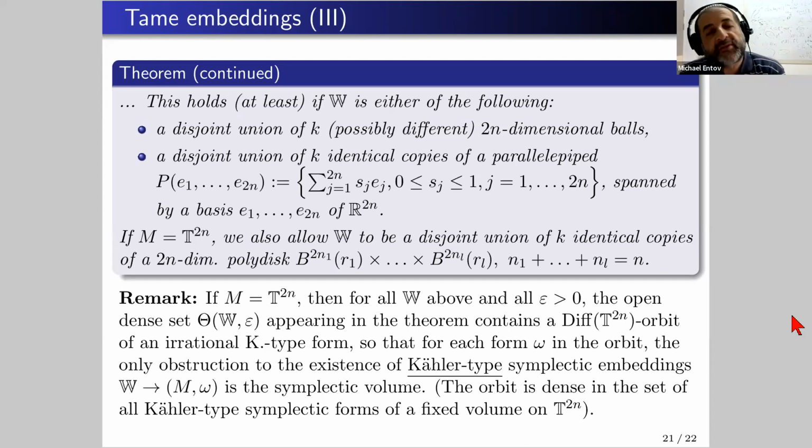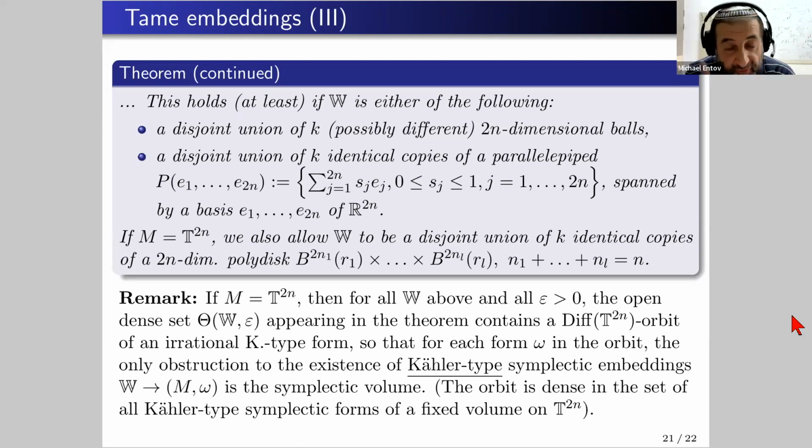And the remark is that for the torus case, for all W above and all epsilon, this open dense subset in the space of all Kähler-type symplectic forms that appears in the theorem actually contains a Diff-plus T^2N orbit of an irrational Kähler-type form. So you get not only an open dense set. This open dense set contains actually a certain dense orbit, a Diff-plus dense orbit of an irrational form.